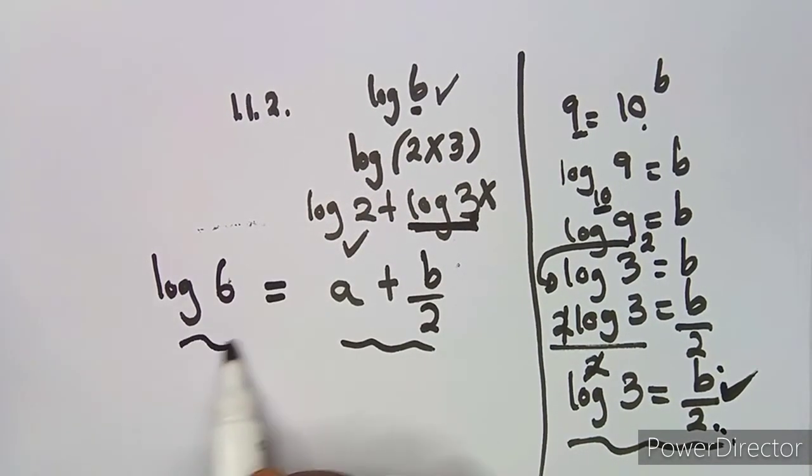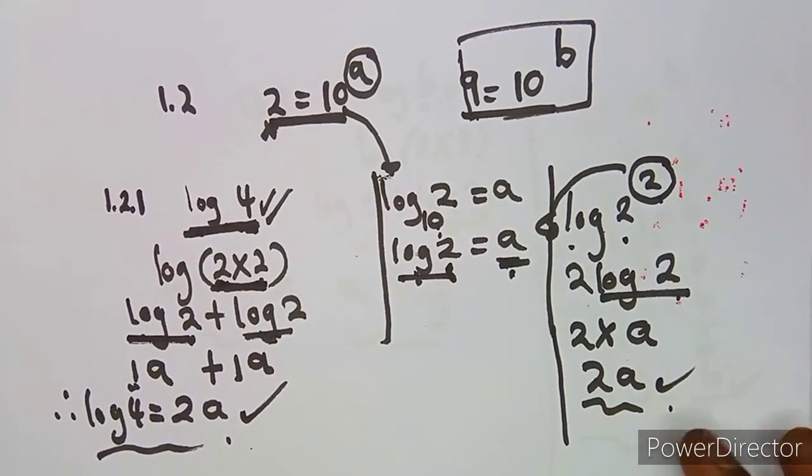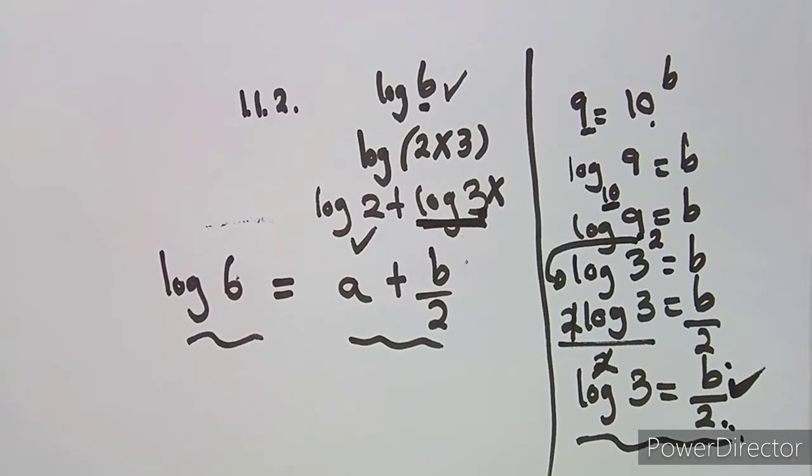So log 6 is going to be a plus b over 2, like that. So guys, just look at the conditions. These were the conditions that you had. You're supposed to at least simplify your questions in a better way before attempting anything. Then you use the information from the part that you're having to expand further.